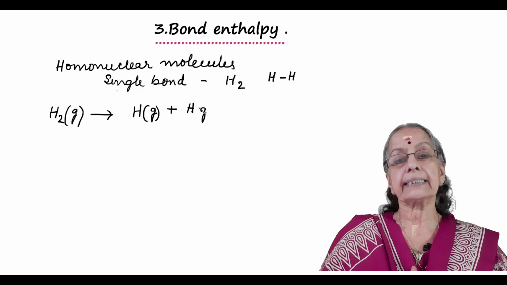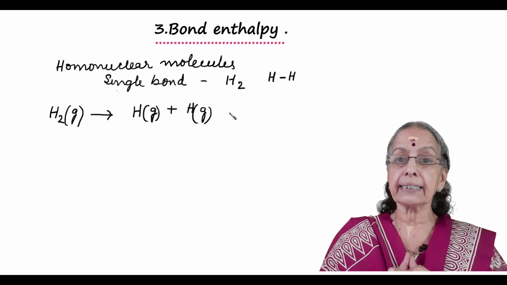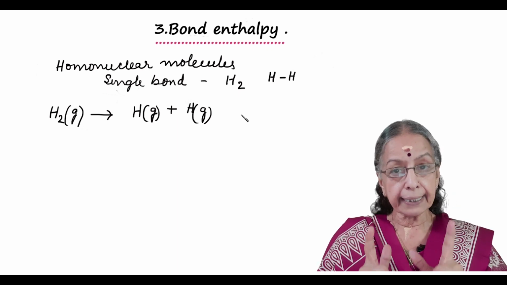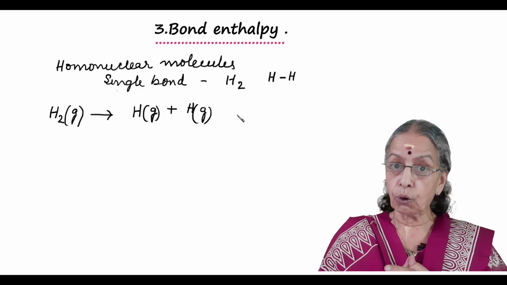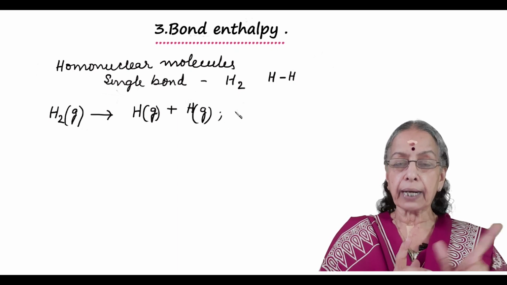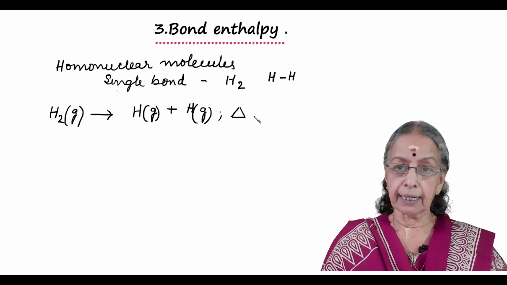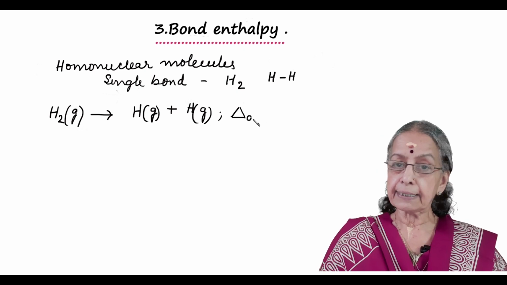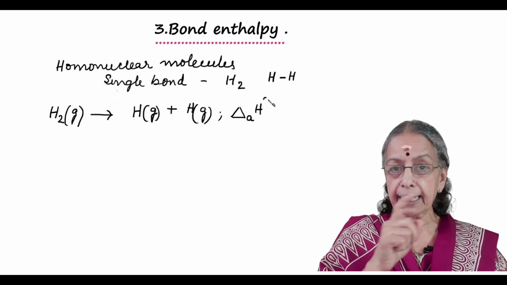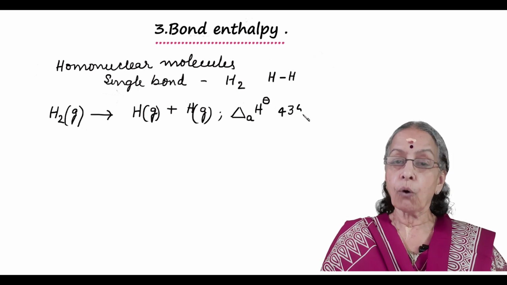The energy that it absorbs has to be supplied from outside, and the energy that is absorbed by 1 mole of the substance to break the bond is what you call molar bond enthalpy. So when you write this equation, you have to add up delta A H, then the symbol for molar, that is a circle with a line that represents molar. And what is the value?